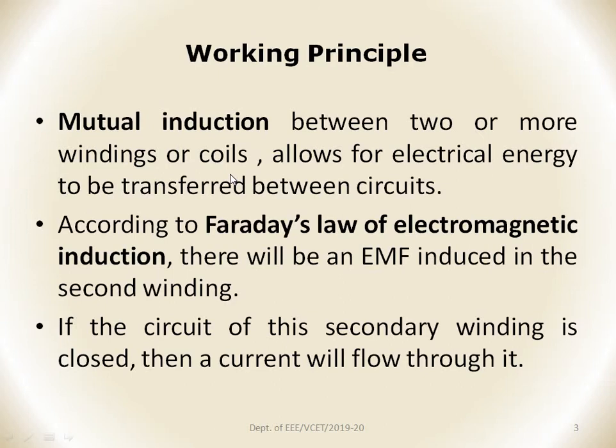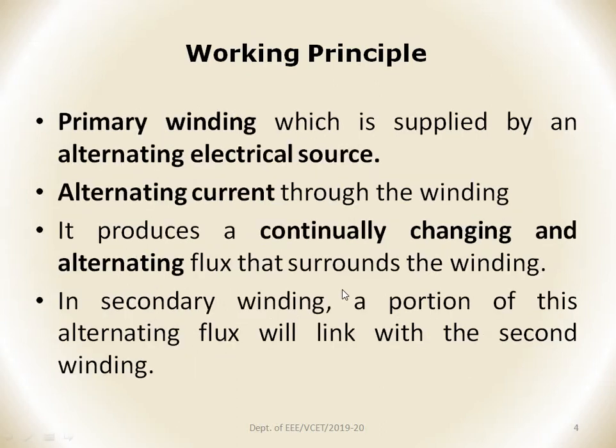Between the primary and secondary coil, a magnetic circuit will be created, and that magnetic circuit allows the transfer of electrical energy from the primary end to the secondary end. And this is according to Faraday's law of electromagnetic induction. So an EMF will be induced in the secondary end for the voltage that is applied in the primary end. And here you can find a current flow provided the secondary is closed.